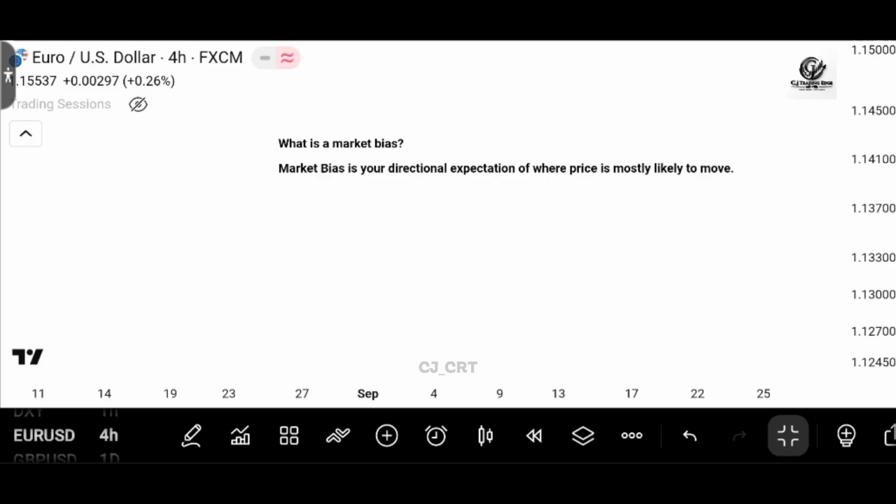So now, your market bias is your directional expectation of where market is more likely to move.